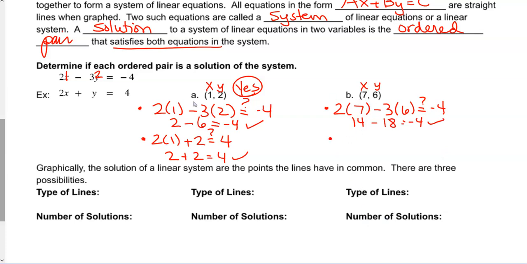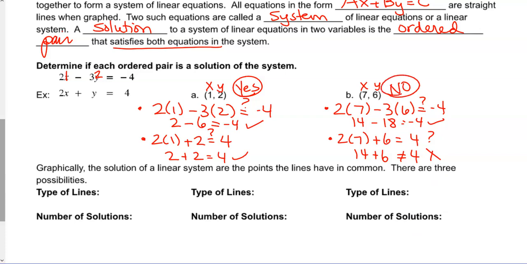Checking the second equation, putting 7 in for x and a 6 in for y, I would do 2 times 7 plus 6. Is that equal to 4? Well, this is 14 plus 6, and that is not equal to 4. So this does not work at all. Therefore, this is not a solution to our system.